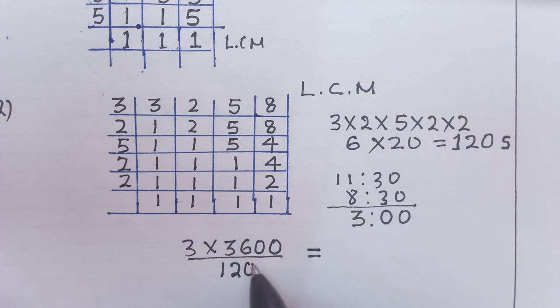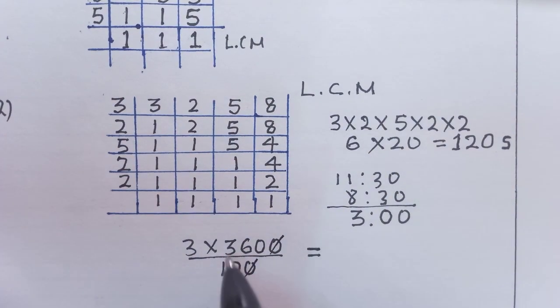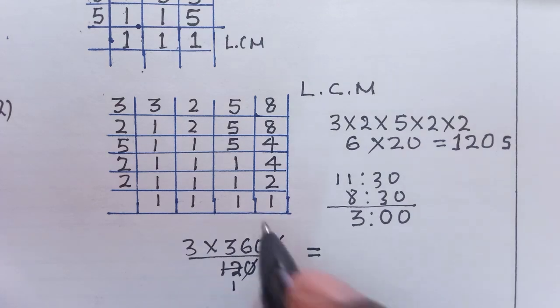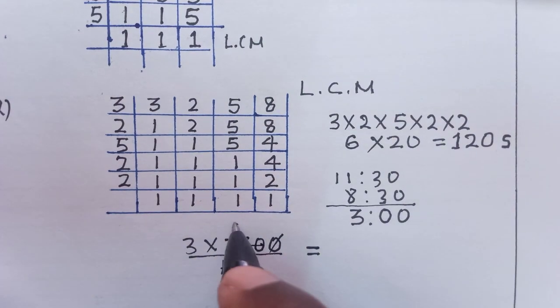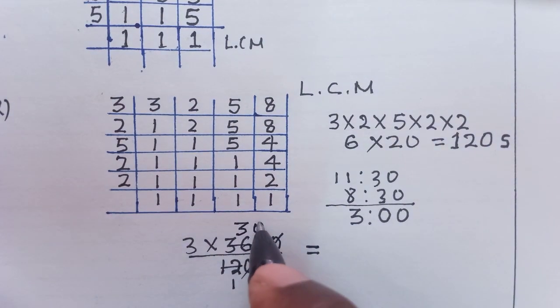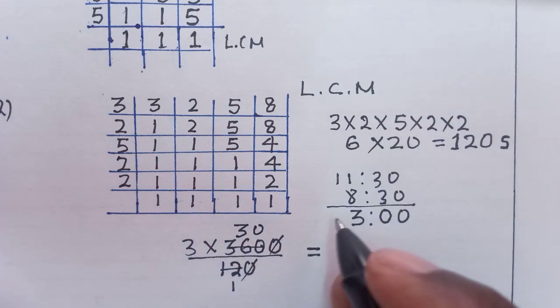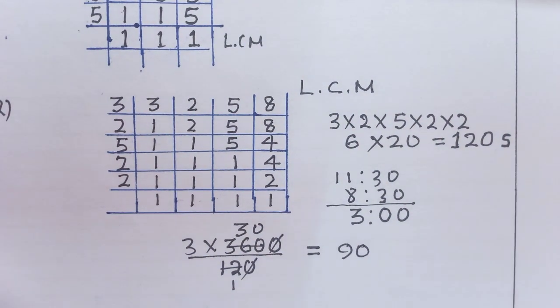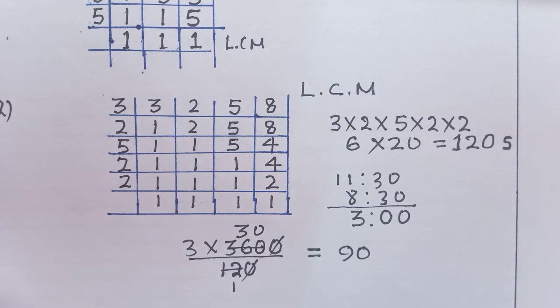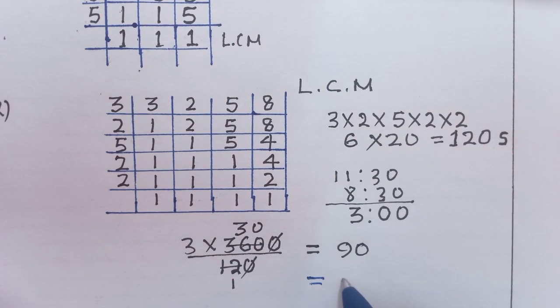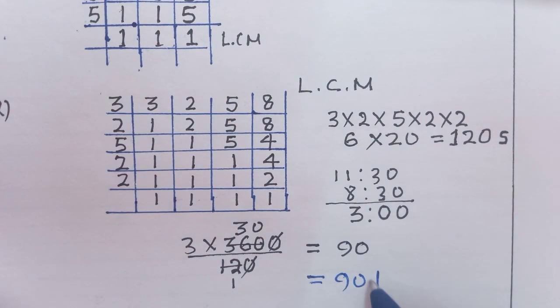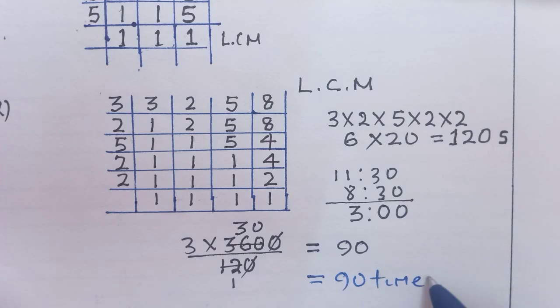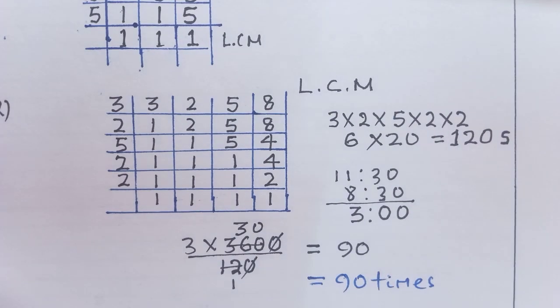So you cancel that by 12, 1 by 12, 3, 0. So 3 times that is 90. So this one is going to add up to be 90 times. So guys, that is how we do that problem.